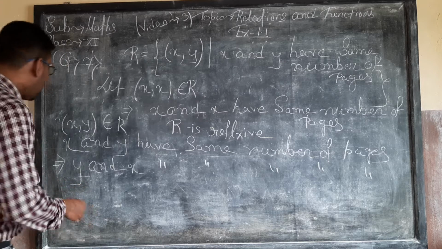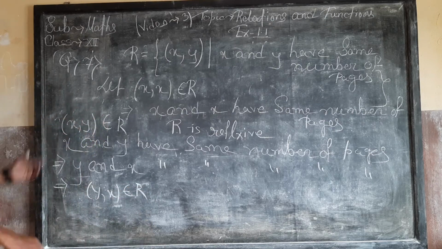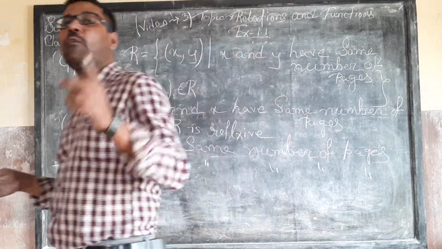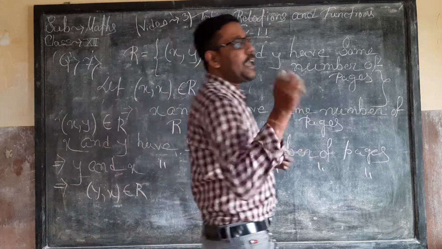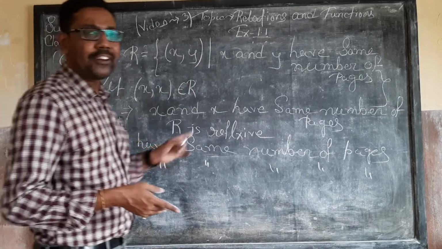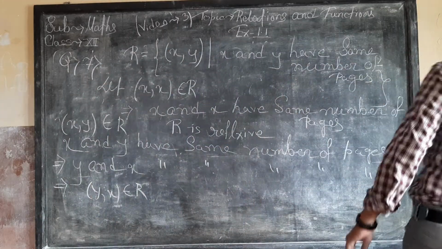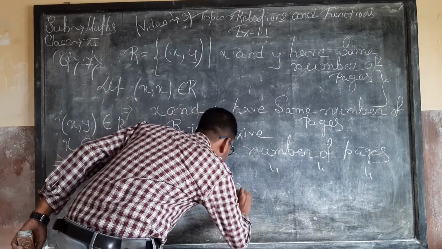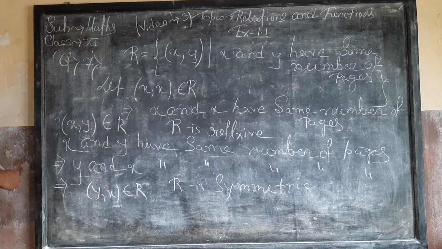Both are the same. And from this we can write that (y, x) belongs to R. That means for each ordered pair (x, y) in R, we always find the ordered pair (y, x) in this relation. So this relation is symmetric. R is symmetric.